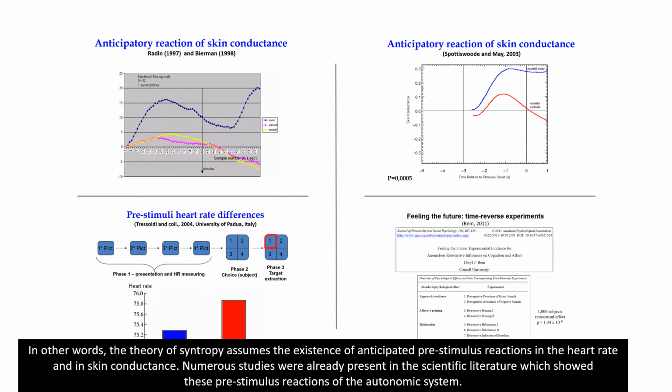In other words, the theory of syntropy assumes the existence of anticipated pre-stimulus reactions in the heart rate and in skin conductance. Numerous studies were already present in the scientific literature which showed these pre-stimulus reactions of the autonomic system.